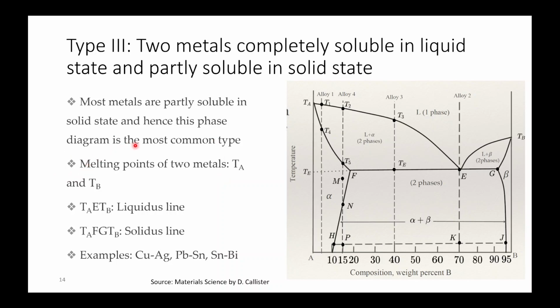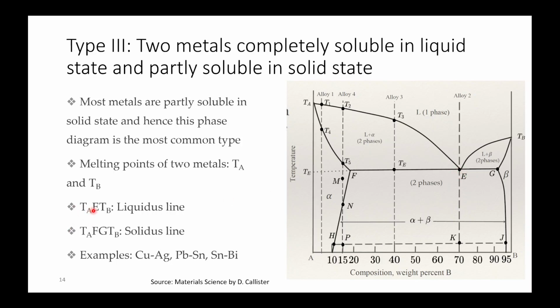So most metals are partly soluble in the solid state, hence this phase diagram is the most common type. The melting points of the two metals are Ta and Tb, and Te will be your eutectic point.